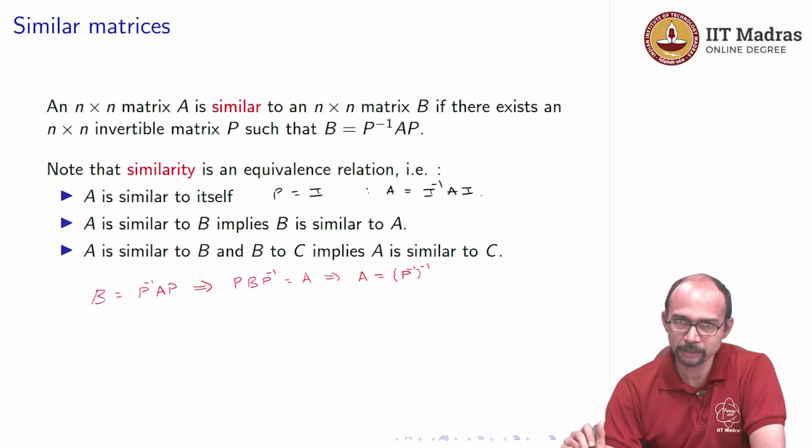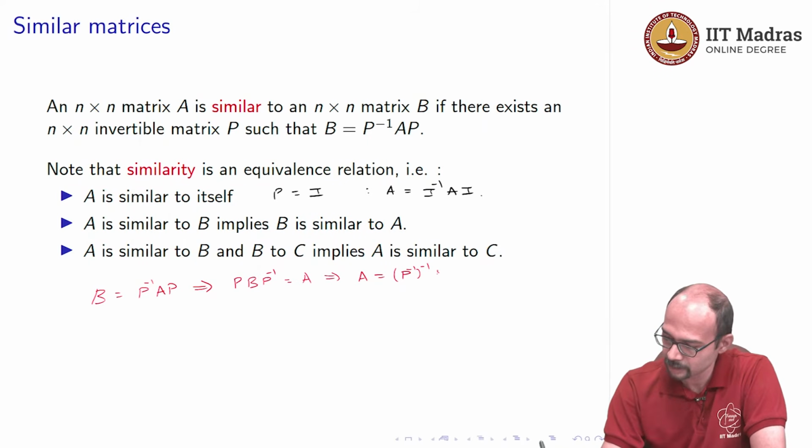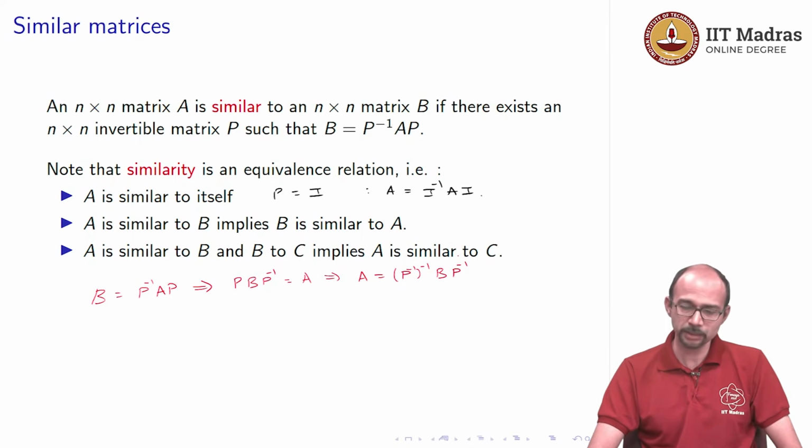Why did I write it like that? Because I want to express this in terms of the inverse of whatever is occurring on the right. Now, you take your P inverse, call it something else, call it P prime if you want. Then we have an invertible matrix P prime such that A is equal to P prime inverse times B times P prime, which is exactly saying that B is similar to A.